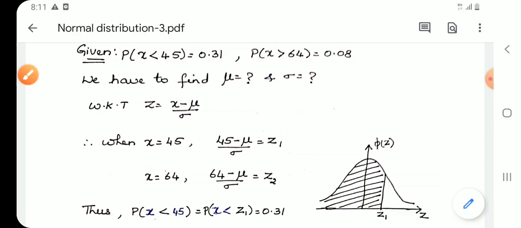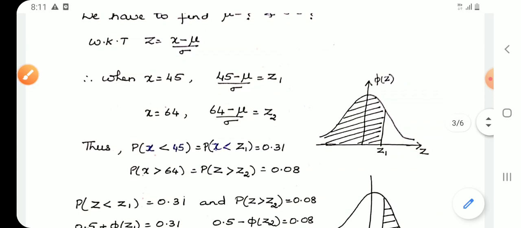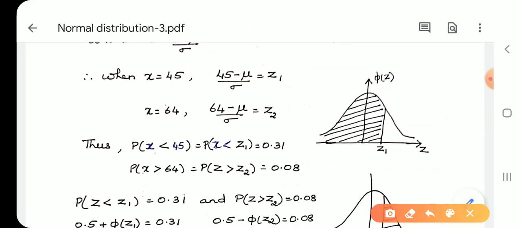So after that, in a similar way as in all the other problems, P of x less than 45, when we write in terms of z, becomes P of z less than z1. So here the value is given as 0.31.